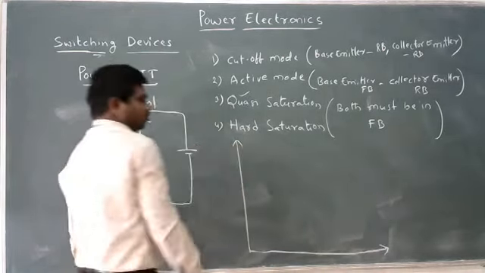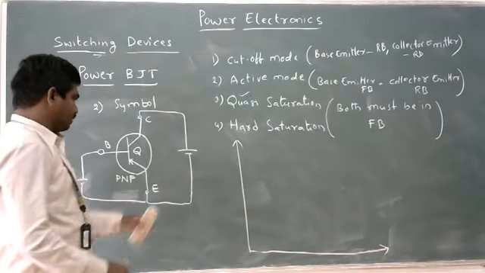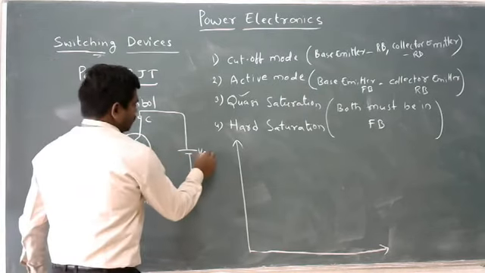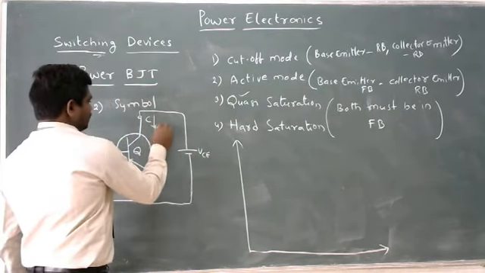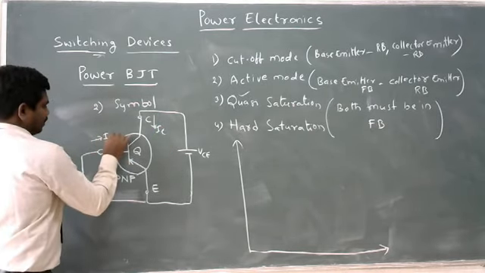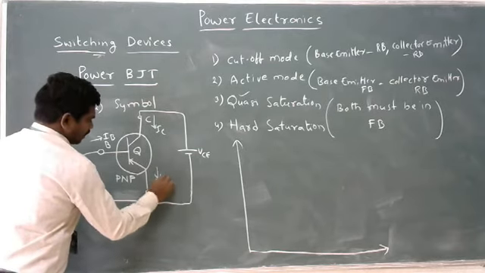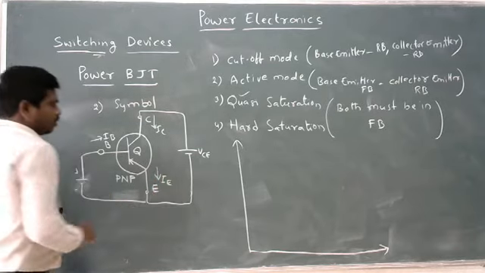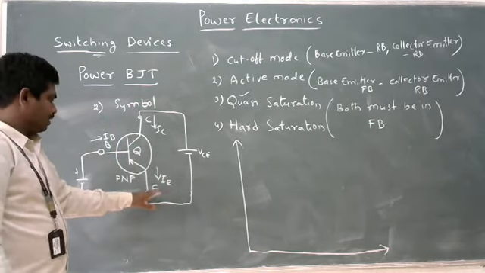These are what we call the output characteristics of the power BJT. The output terminals are VCE, this is IC current, this is IB current, then IE current. IB current is entering, IC current is entering, IE is leaving.